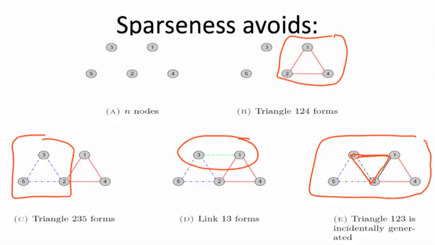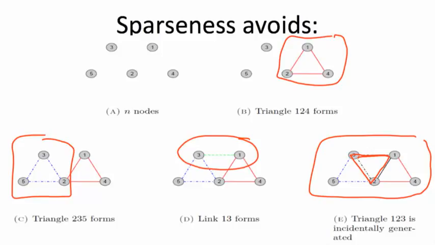I have maybe thousands of acquaintances, not billions. And so there's a lot of missing links, and this means that you don't get too much accidental generation. If nature's picking the triangles and picking the links, you're not going to get too much overlap so that they confound each other. And then the actual estimates, by just looking at each one of these independently, turn out to be accurate estimates overall.